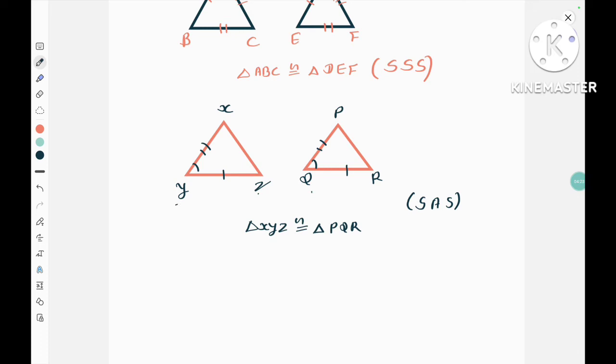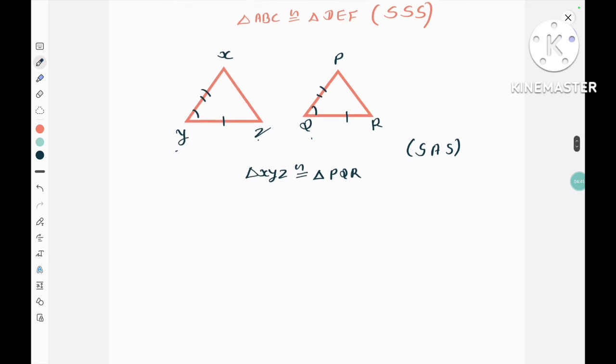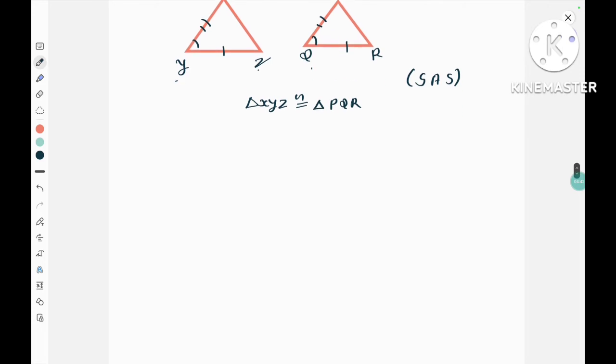If we say angles Z and R are congruent, then we cannot say this is a congruent triangle. So remember that the angle must be between the two sides, the angle formed by the two congruent sides. In that case we can apply this rule: side, angle, side.